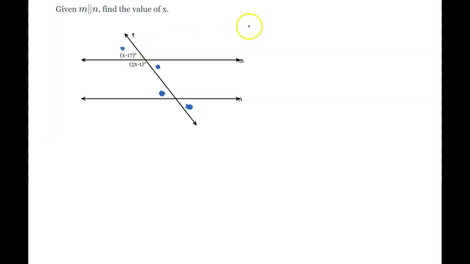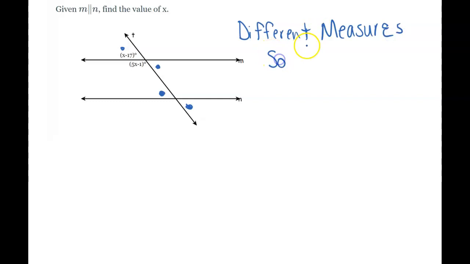So these angles have different measures, so we add them to equal 180 degrees.